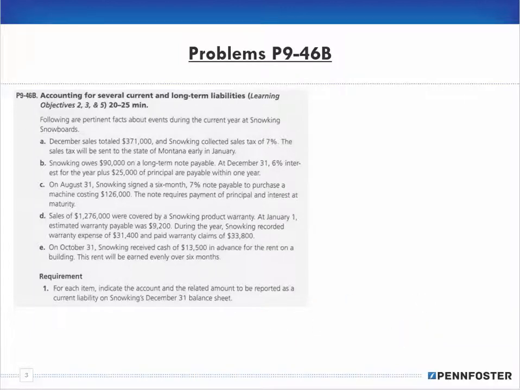All right, C says on August 31st, Snow King signed a 6-month 7% note payable to purchase a machine costing $126,000. The note requires payment of principal and interest at maturity. Right? So the note payable, which I'm abbreviating, is going to be $126,000 because it's a 6-month note.